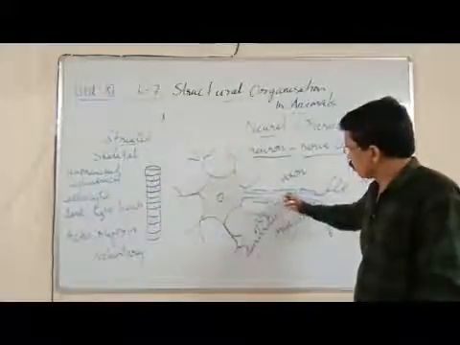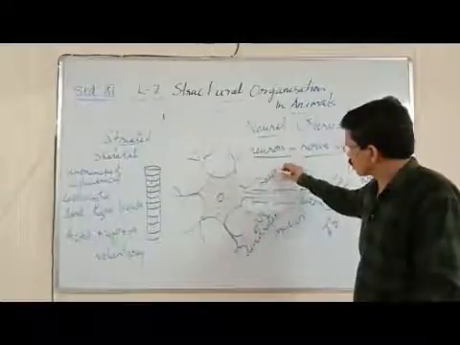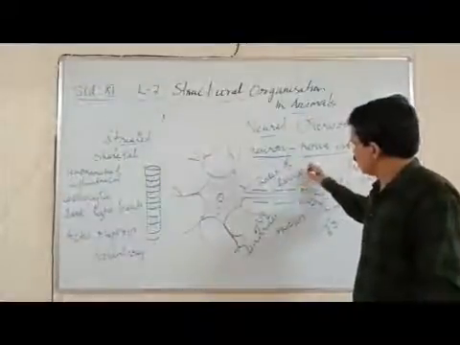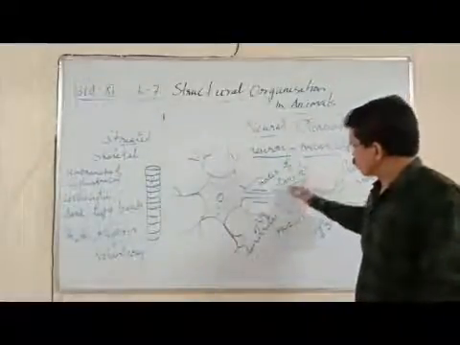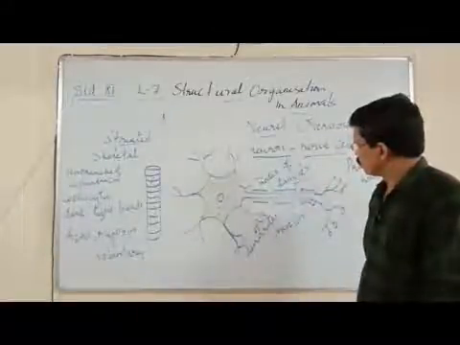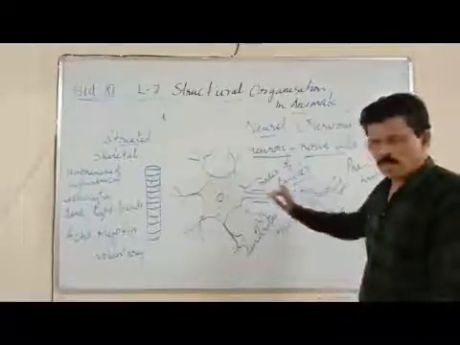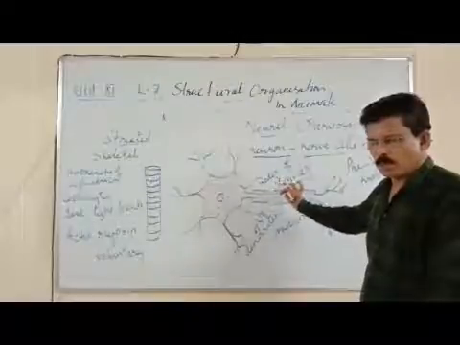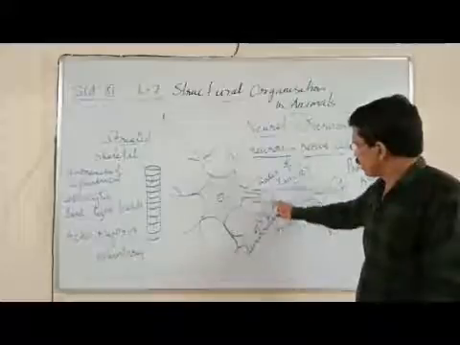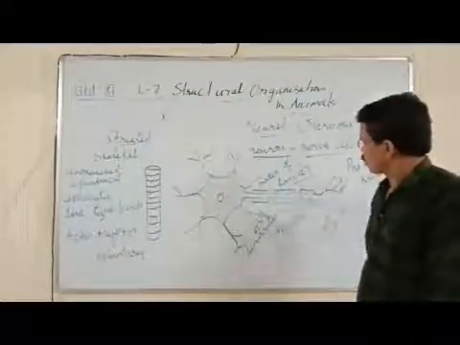In between the myelin sheath there is a gap. This is called the nodes of Ranvier, R-A-N-V-I-E-R. What is the function of the nodes of Ranvier in between the myelin sheath? They really speed up the impulses to the maximum level. The impulses passing through the axon are fast, but once they reach the node of Ranvier gap, the impulses jump to the next myelin sheath.